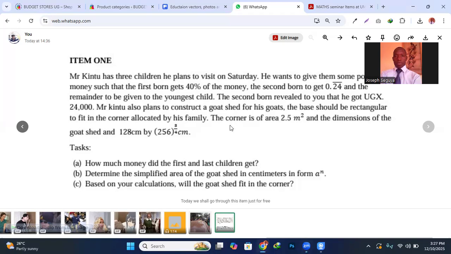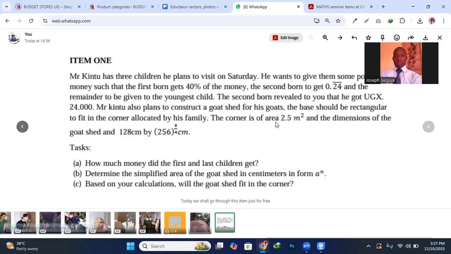Now, looking at this, I'm on the fourth line after 24,000. Mr. Chintu also plans to construct a goat shed for his goats. The base should be rectangular to fit a corner allocated for his family.